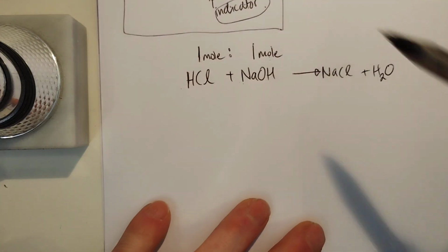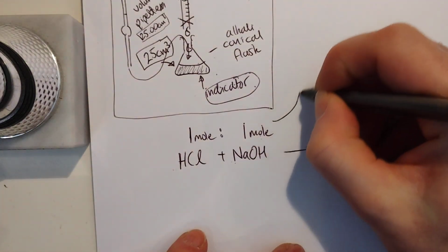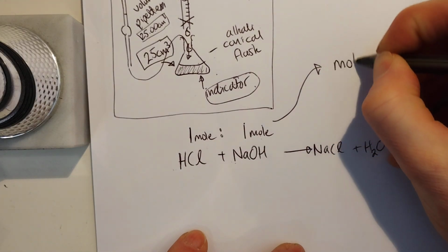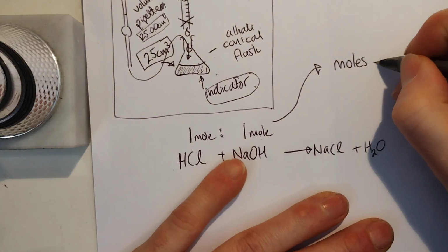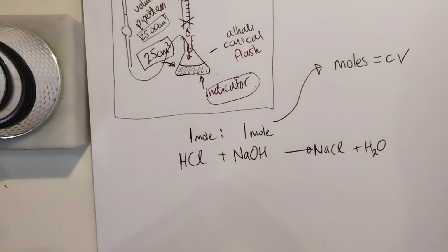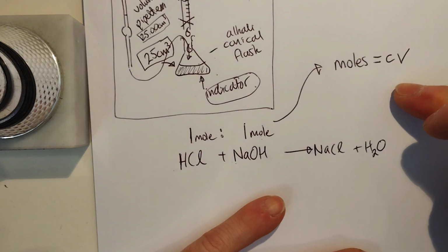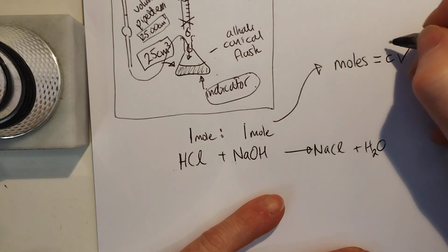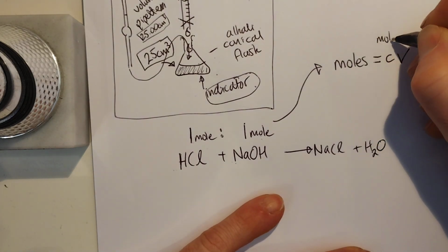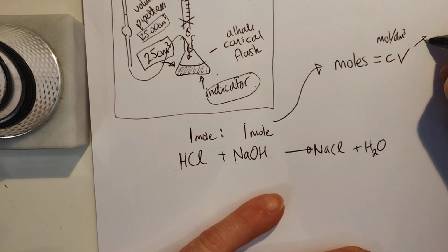Now, an important thing here is when we're dealing with solutions, to work out the number of moles of a solution, the number of moles is the concentration times the volume of that solution. There's a little key thing that is very useful at GCSE. The concentration is given in moles per decimetre cubed, and the volume is nearly always given in centimetres cubed.